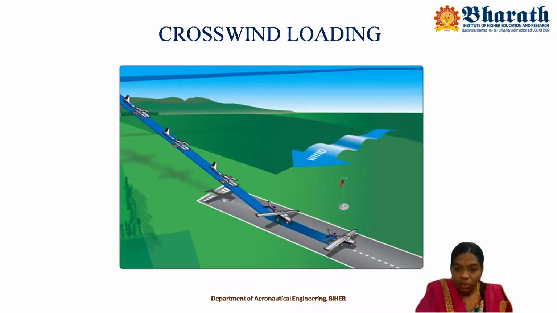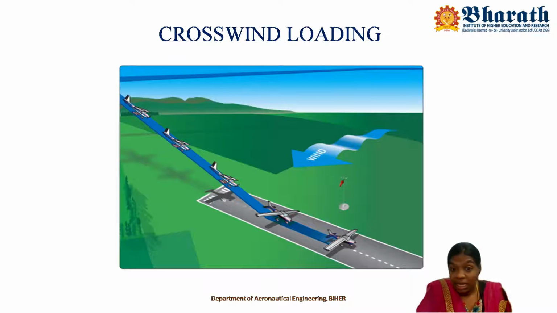When you look into this figure, can you see this? The wind direction is perpendicular to the runway. Observe the second aircraft from the right. There is a change in direction, whereas the left-hand side aircraft are just moving along the runway, all three aircraft. Whereas suddenly, due to the crosswind effect, there is a change in direction.